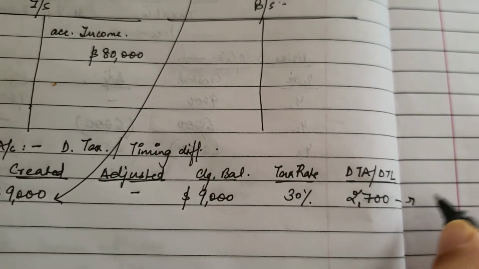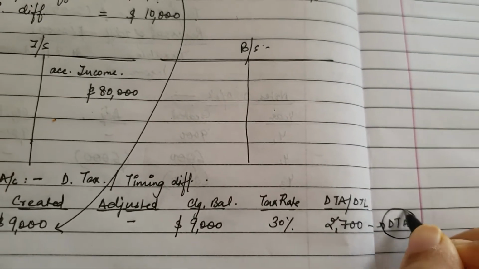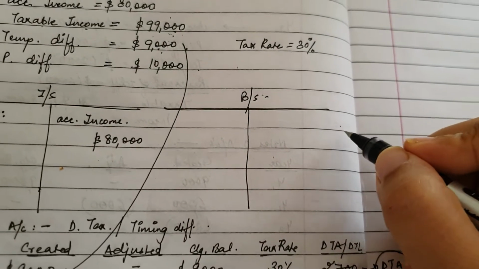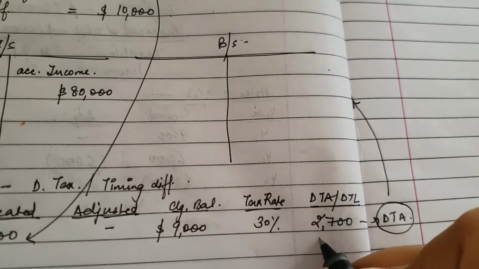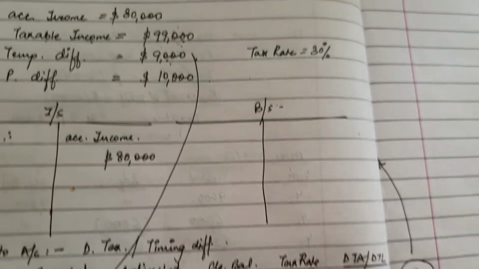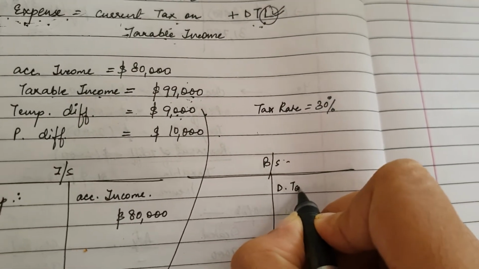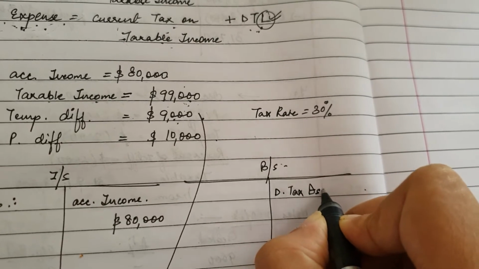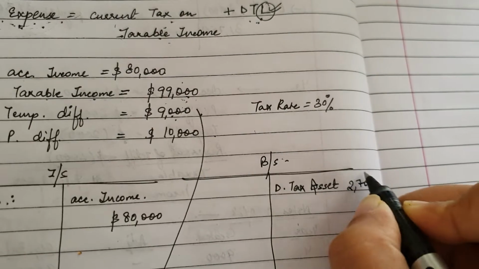So I'm just marking it as a deferred tax asset. So when a deferred tax asset is to be created, it lands up where? In the balance sheet. This is the final deferred tax asset amount that should be sitting in my balance sheet today. As of the end of the year, this deferred tax asset is coming out to be 2,700.